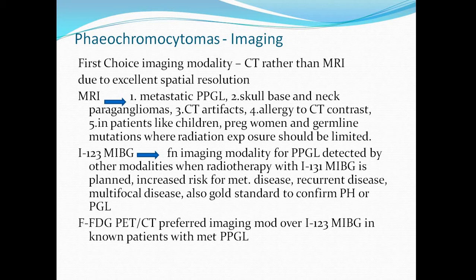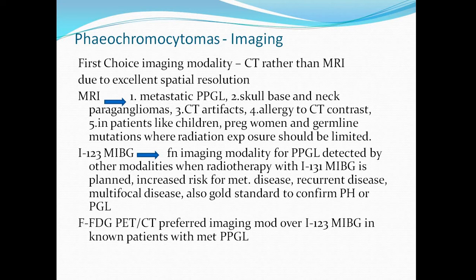Another imaging modality is I-123 MIBG. This is usually done when I-131 MIBG radiotherapy is planned, or in other conditions like if you have increased risk for metastatic disease, recurrent disease, multifocal disease.